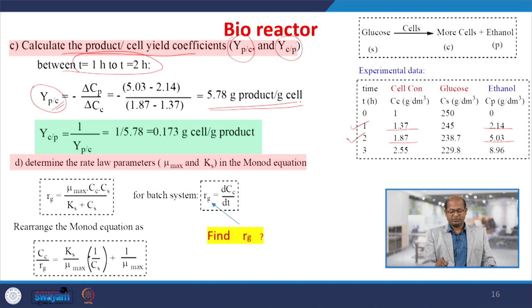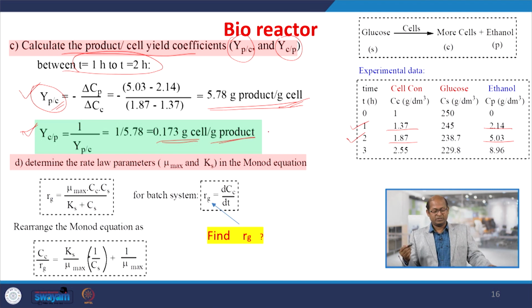If we put these components in this equation, then 5.78 gram of product formed per gram of cell. Okay. So, similarly, YCP also we can find out, that is that many grams of cells per gram of the product, meaning if 1 gram of product is formed, that much gram of cells is formed.